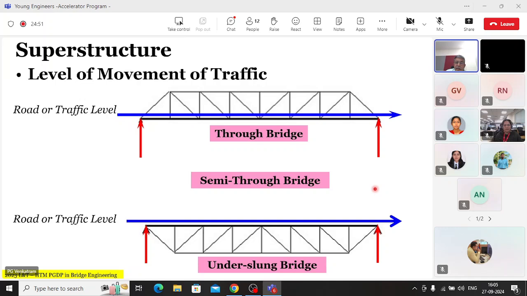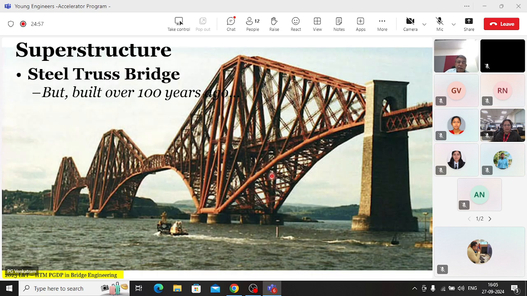What exactly is a semi-through truss type of arrangement? You see, this is an example. It is called the Forth Bridge, F-O-R-T-H, not the fourth, and it's a very old railway bridge, as you can see.